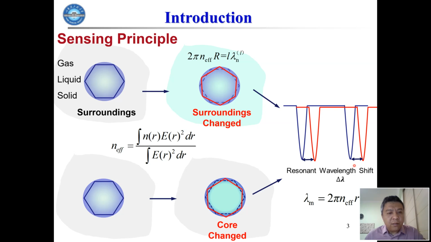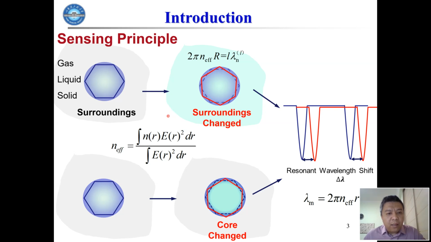The surroundings of the microsphere include gas, liquid, even solid. If the surroundings change, it will cause the refractive index to change at the surface of the microsphere, so the resonance wavelength shifts.